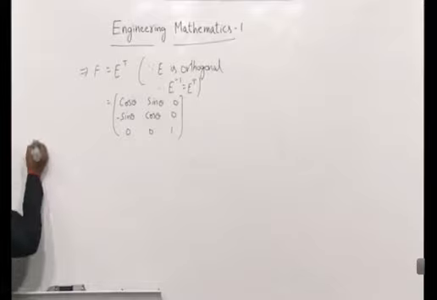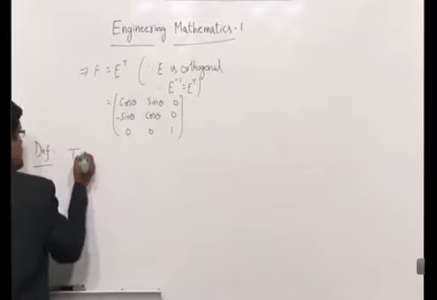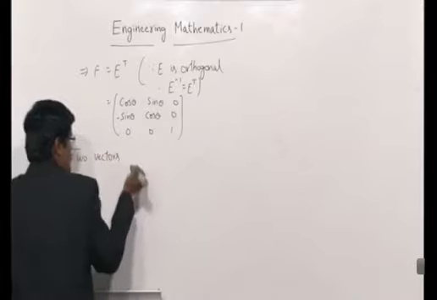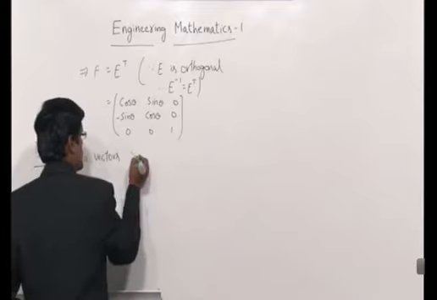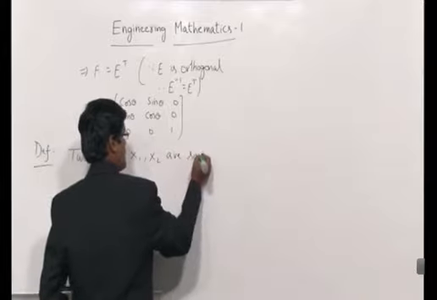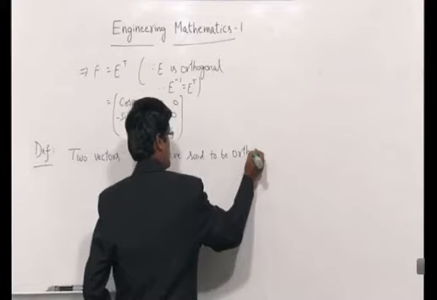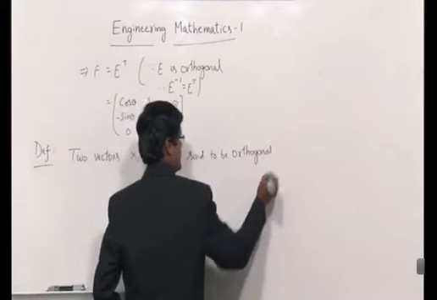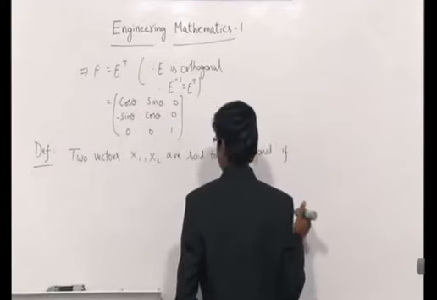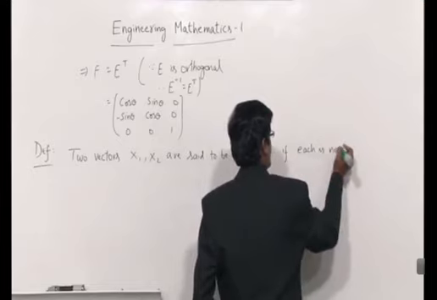See, definition regarding orthogonal matrix. Two vectors, meaning either rows or columns, or you can say in vector algebra also, x1 and x2 are said to be orthogonal if each is non-zero.